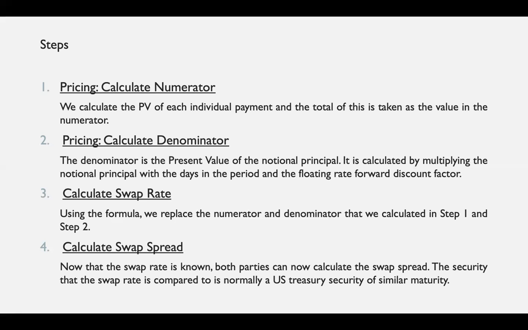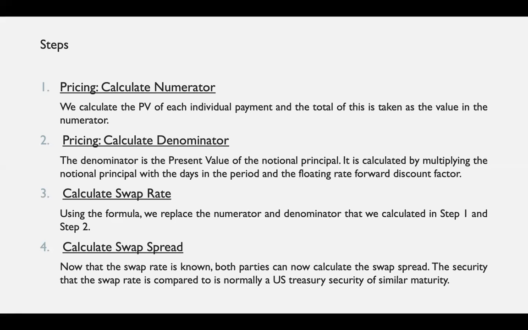Step 3 would be to calculate the actual swap rate. Now that we've calculated the numerator and the denominator, we can use this to calculate the swap rate using this particular formula. And step 4 would be to calculate the swap spread. Now we know the swap rate after we do the above 3 steps, but now you want to calculate the swap spread.